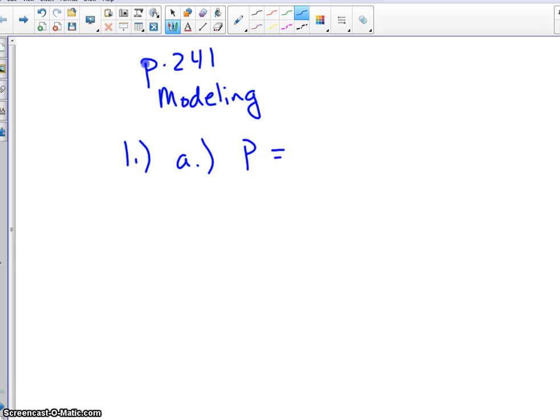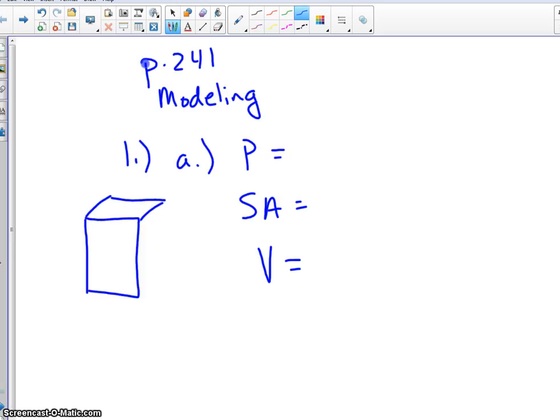Then secondly, the surface area of a cube, and then also the volume of a cube, based on the idea that the cube itself has length, each edge, since it's a cube they're all the same, is E. So each one of the dimensions is E. So at this point, I'd like you to pause the video, take a couple moments here, and try to write these equations.